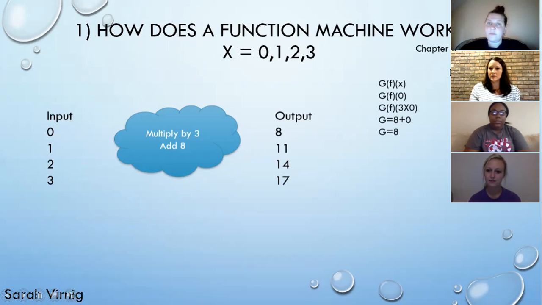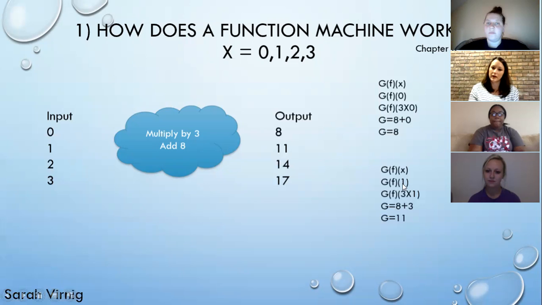So our first one is going to be g of f of 0. And then we're going to do 3 times 0 is 0 plus 8 gives us 8. And then our next one we have right here, and we're going to put 1 in for x. So 3 times 1 is 3 plus 8 is 11. And it shows right here what we got earlier.